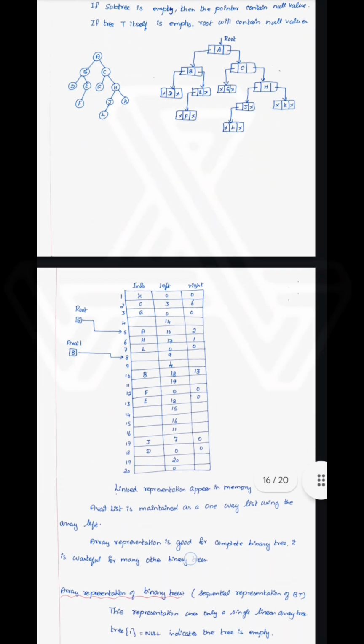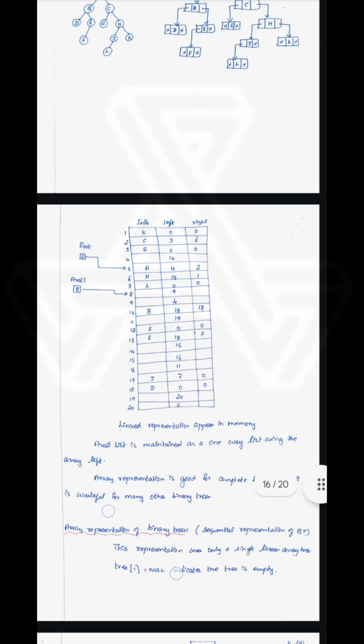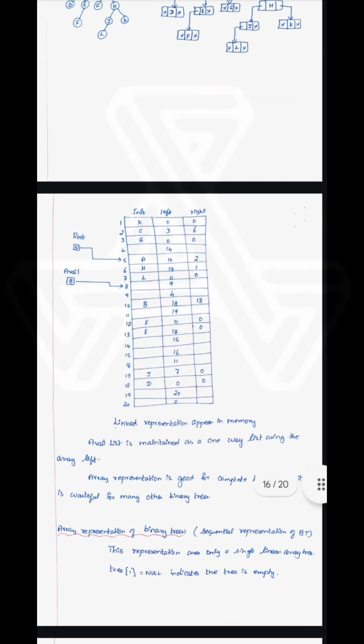Then the linked representation appears in memory like this, with root, avail, information, left child, and right child. A free list is maintained as a one-way list using the array left.